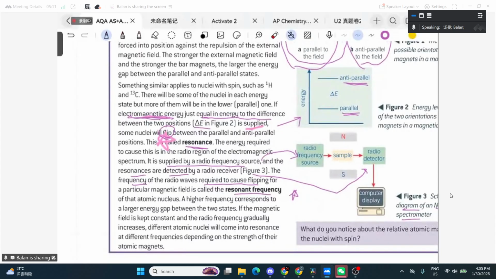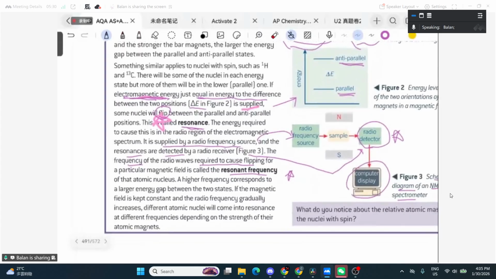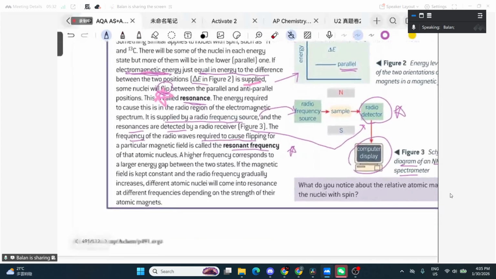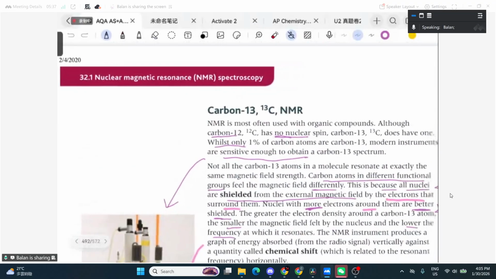If you use a computer, before the computer there is a radio detector. This detects the electromagnetic energy absorbed. So in the computer, there will be a carbon-13 NMR spectrum.